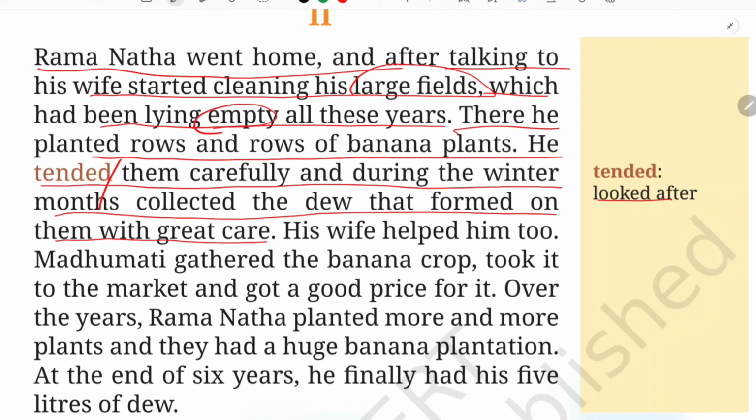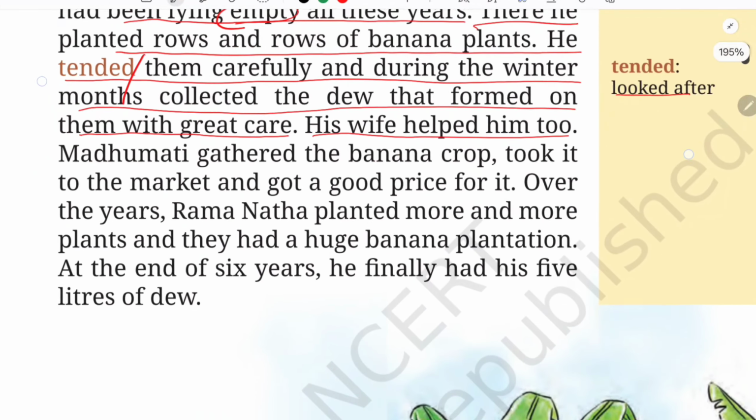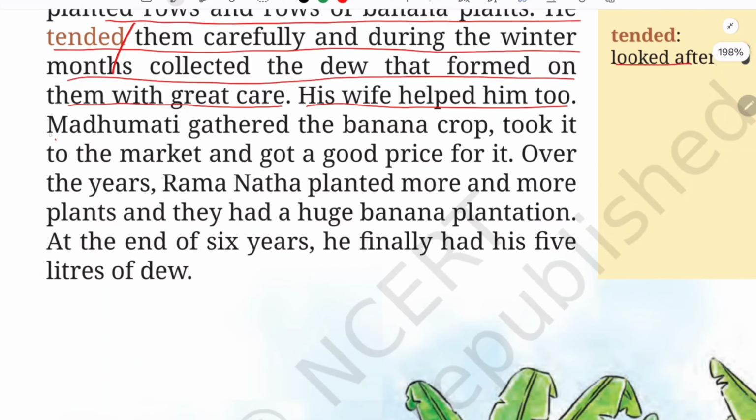And his wife also helped him. How did his wife help him? Let us see here. His wife helped him too. Madhumati gathered the banana crop, took it to the market and got a good price for it. See, when you plant banana plants, you will get the crop, the fruits, the bananas, isn't it?